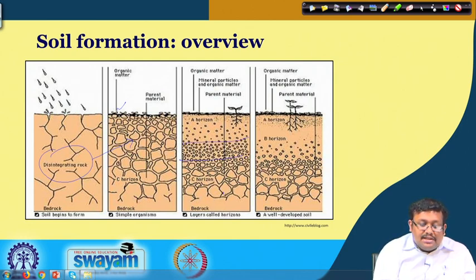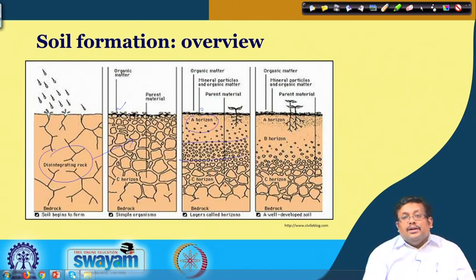At the bottom you will see the bigger rock fragments, and this is called the C horizon, and some intermediate size fractions are just above the C horizon. The A horizon is basically a mineral horizon, and above the A horizon there is an organic horizon or O horizon. In the O horizon you will see a mixture of mineral particles and organic matter, and the C horizon will contain mainly the parent material.